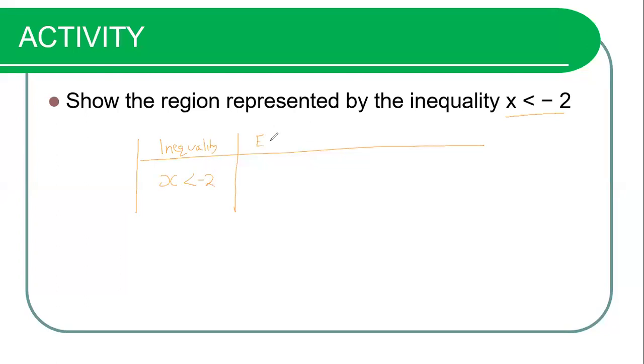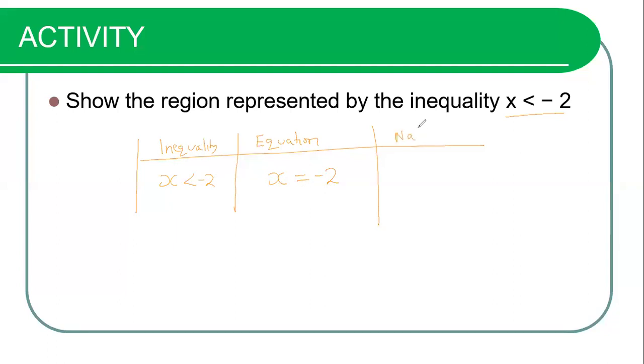Number 2, transform that inequality into an equation. By transforming an inequality into an equation, it means remove the inequality sign. So I'm going to say x is equal to -2. Why are we putting an equal? We want something that is easier to plot on our Cartesian plane. So where there is an inequality sign, put an equal sign.